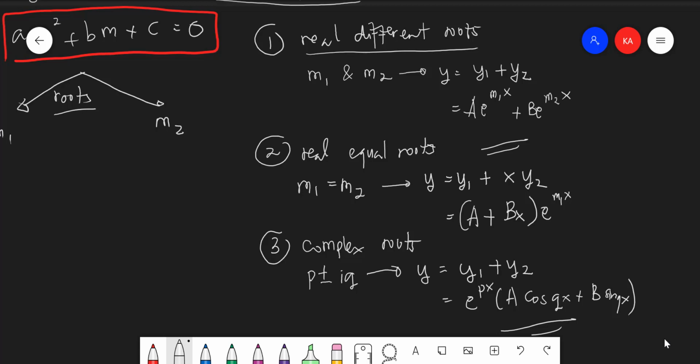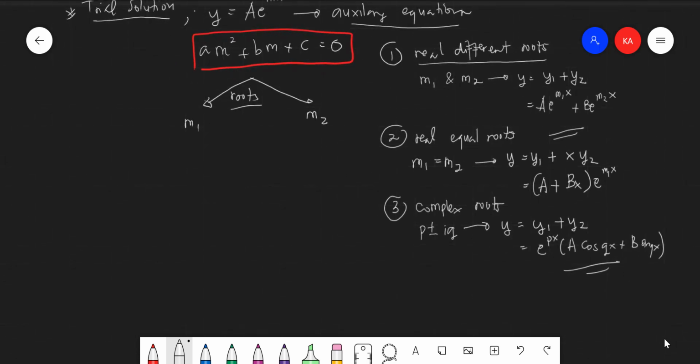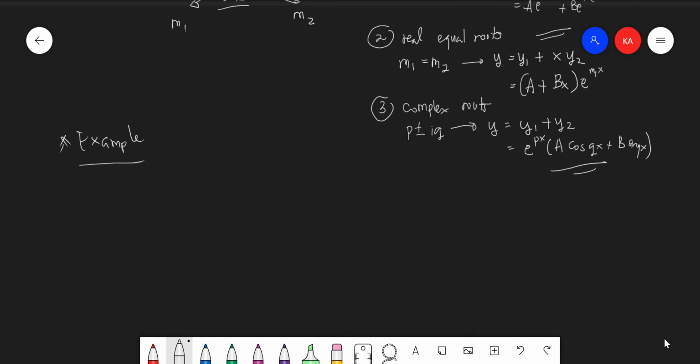So the first one, I give you an example. This is the example of how to find it. For number one, if we have 2y double prime plus 2y prime minus 2y is equal to 0.